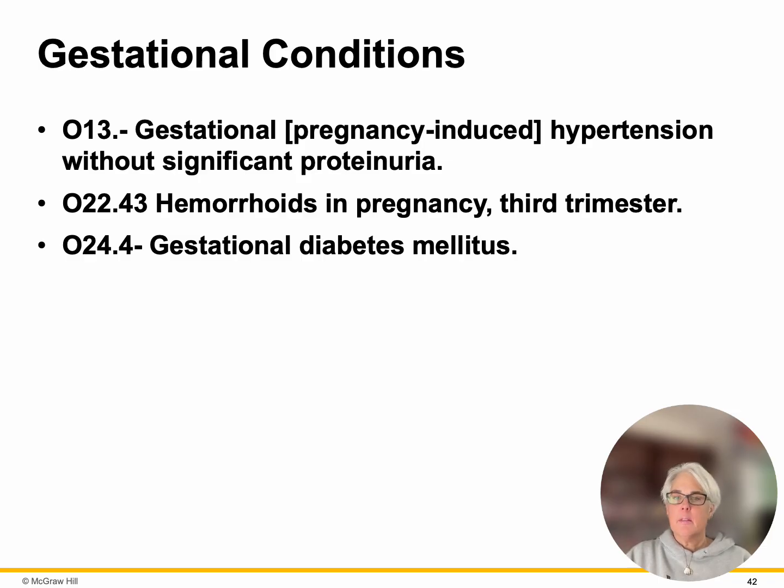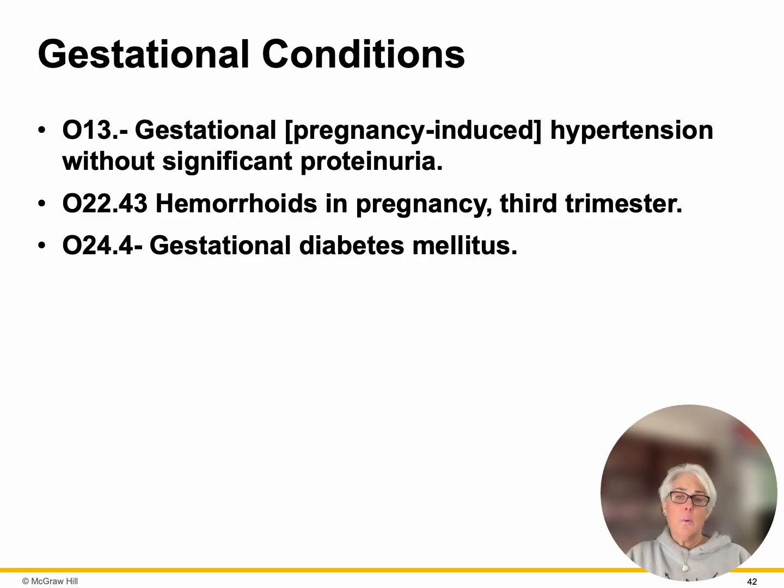Some conditions arise during pregnancy. Gestational hypertension is a new onset high blood pressure without significant proteinuria and falls into the O13 category. Gestational diabetes is first diagnosed during pregnancy and falls into the O24.4 area.